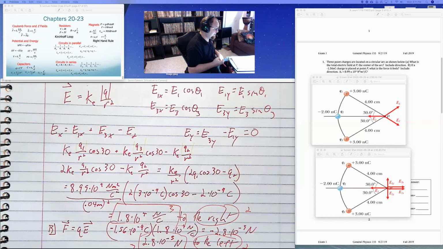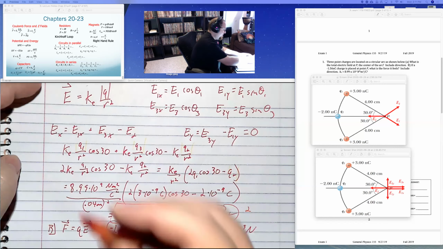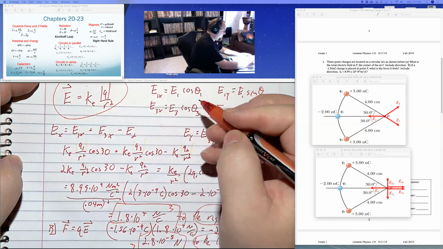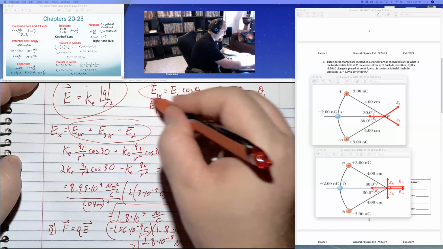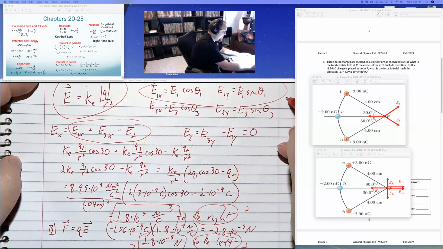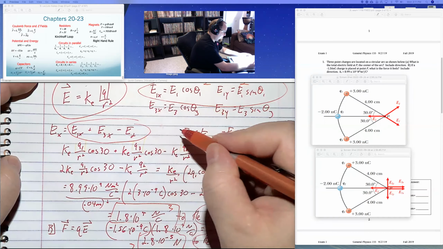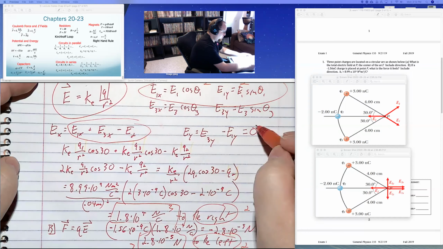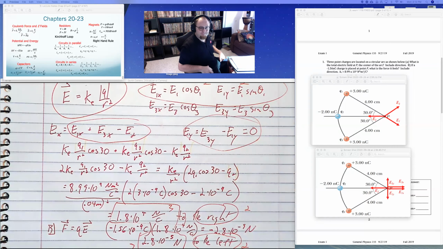Show your steps. I want to say it was like 5 here. Doing cosine and sine was probably 2 and 2. Realizing y was 0 was some number of points. I forget the exact breakdown.